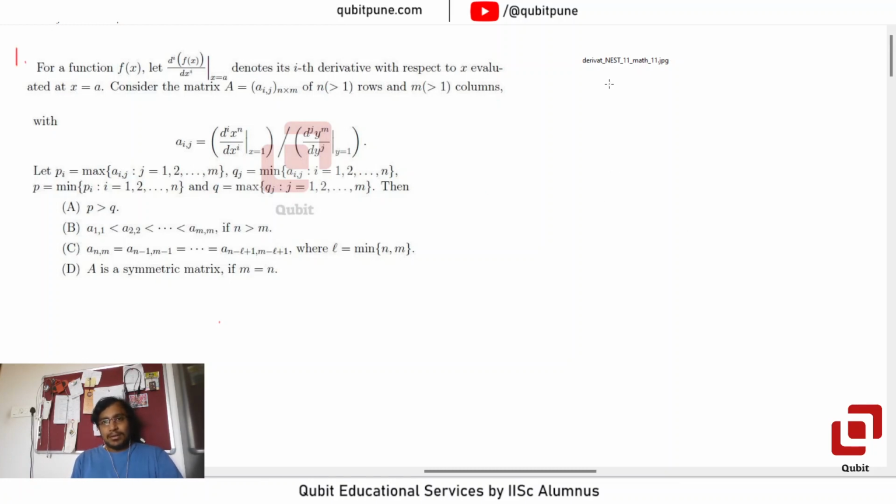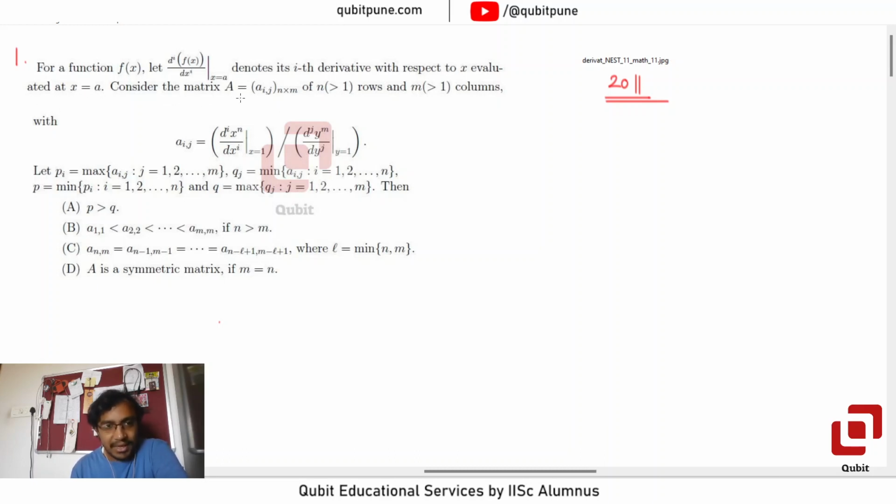This came in 2011, and it is a multiple select question. For a function f of x, let d^i f(x)/dx^i at x equal to a denote its ith derivative with respect to x evaluated at x equal to a.